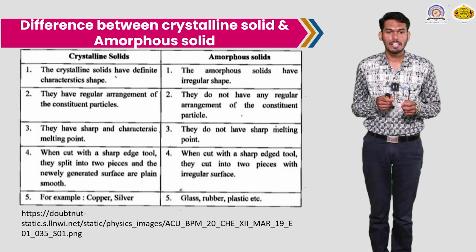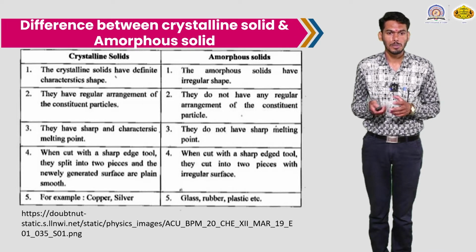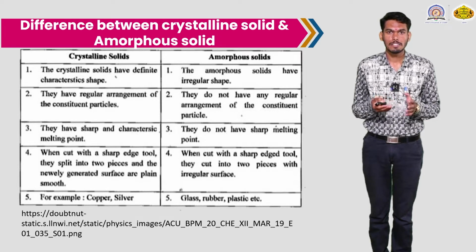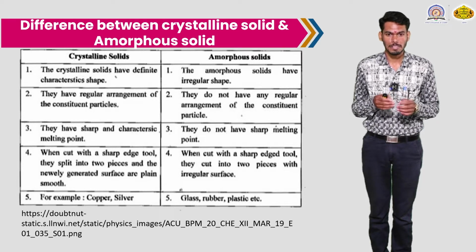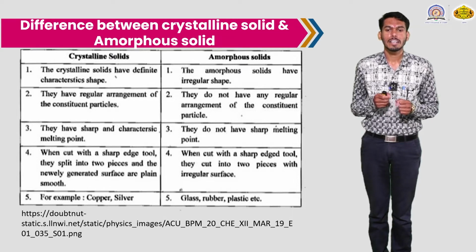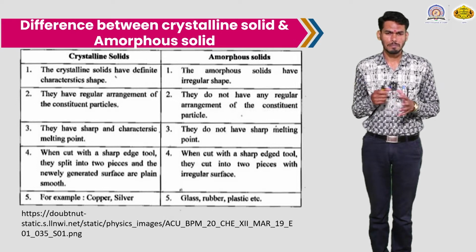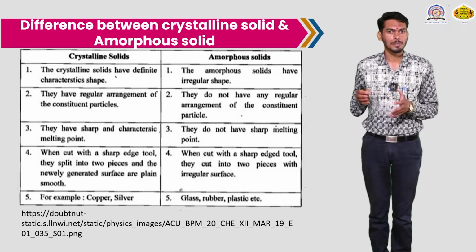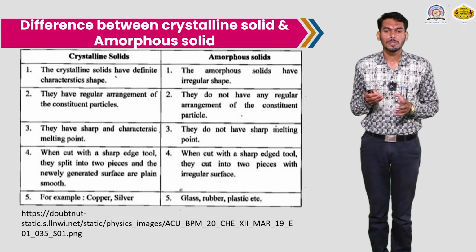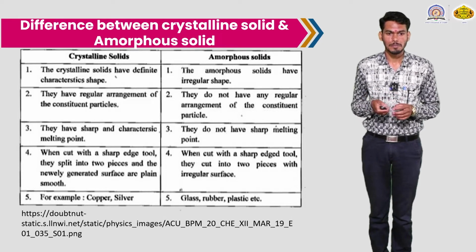When a crystalline solid is cut with a sharp edge tool, it splits into two pieces, and the newly generated surfaces are plain and smooth. An amorphous solid, when cut with a sharp edge tool, breaks into two pieces with irregular surfaces, as they do not have an orderly arrangement of atoms, ions or molecules.